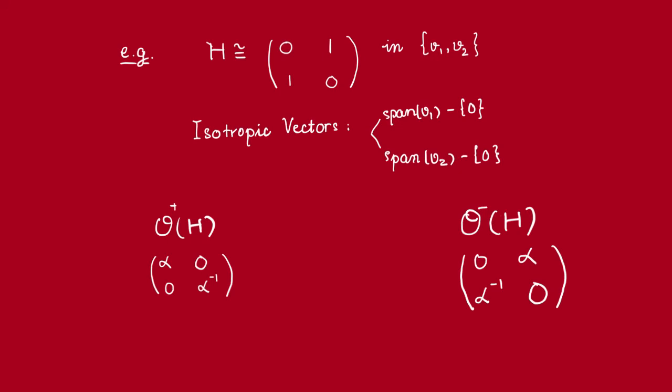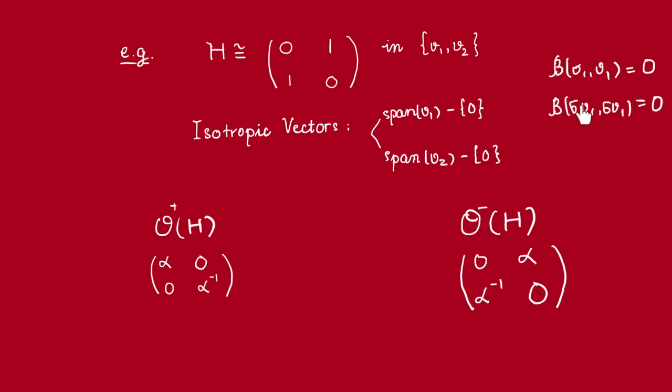So now let's look at an example. Let's try to compute the isometry group of the hyperbolic plane. We claim that its plus and minus components consist of these matrices, and let's see why. Okay, so how would we figure out the isometry group of the hyperbolic plane? We want to look at some invariant. Now, an isometry must preserve isotropic vectors because it preserves the bilinear form.